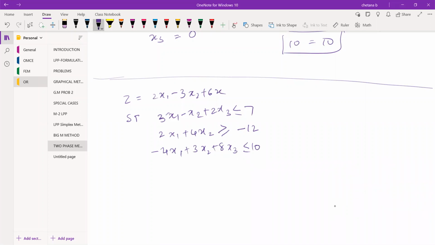So in this case, what do you need to do if it is a simplex method?